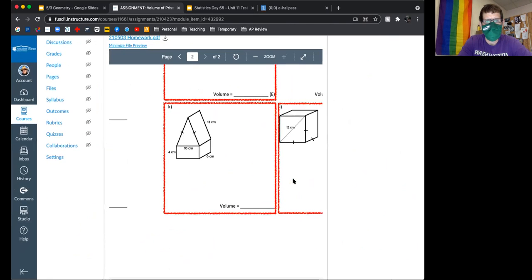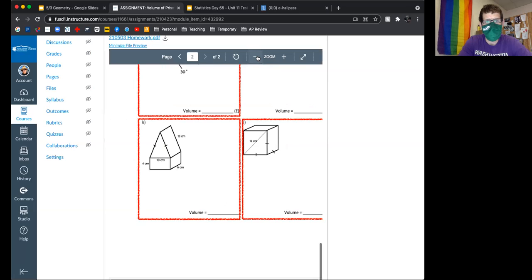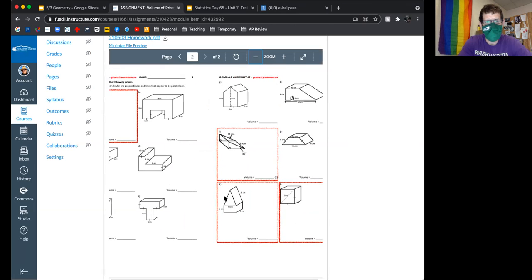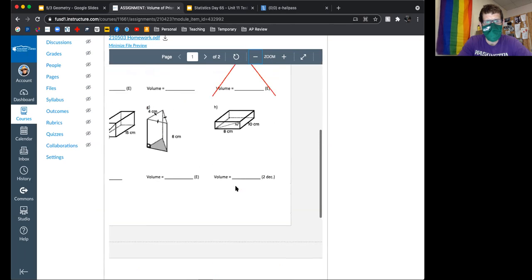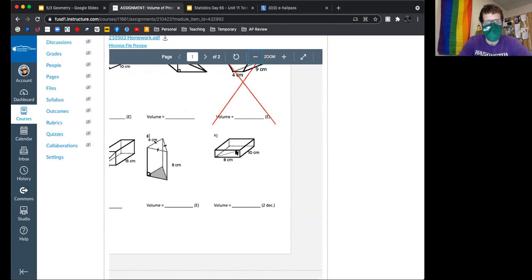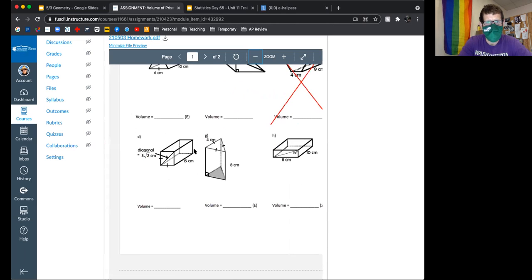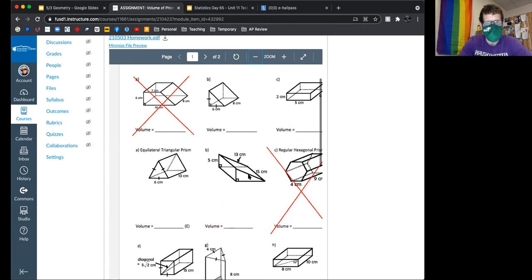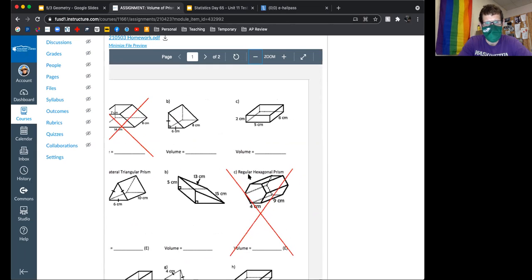If I zoom back out, you will see that there will be some problems that require trigonometry. Like right here, this one has a 70-degree angle. That's not a special right triangle, so we will have to use trigonometry. We've also got special right triangle rules coming into play.